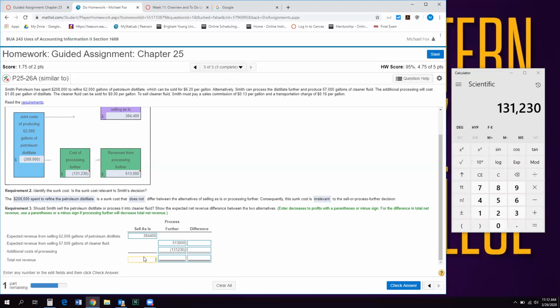And so $513,000 minus 131,230 is 381,770.